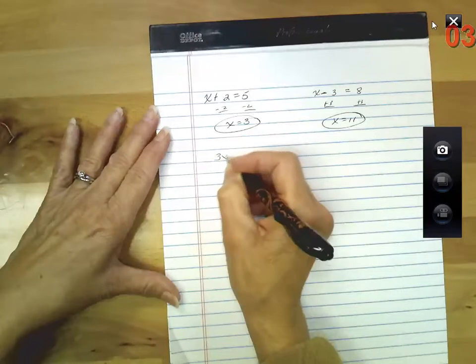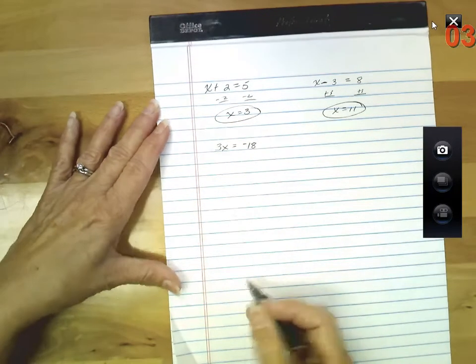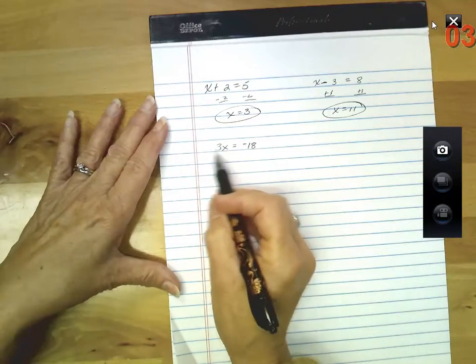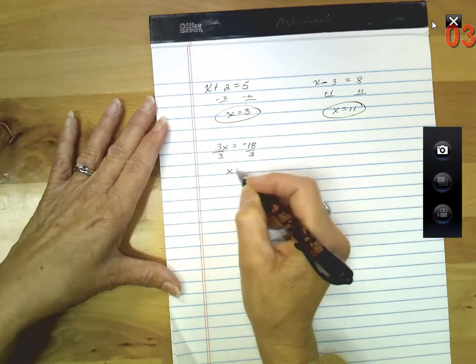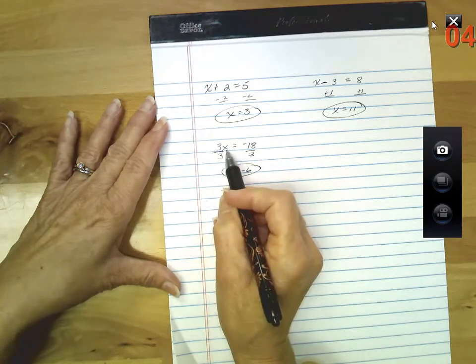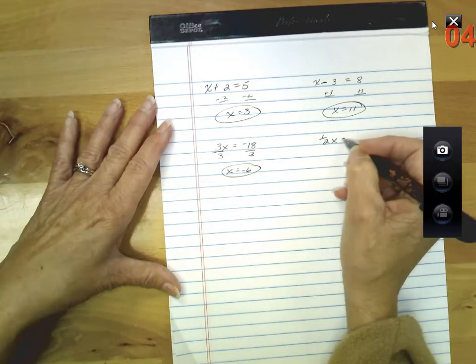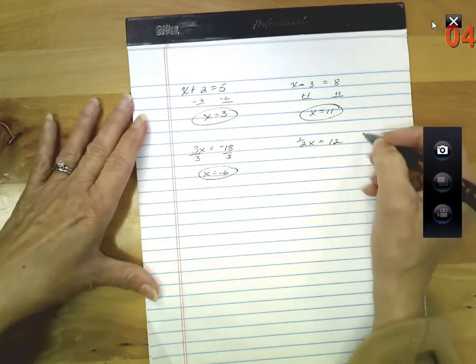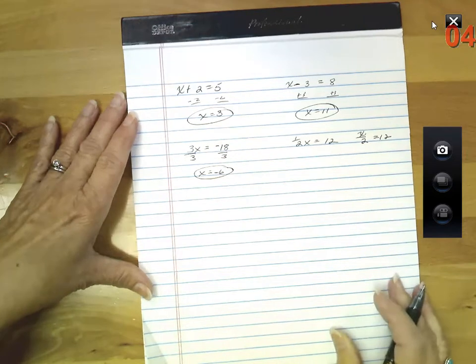We have problems like this, which is multiplying, so we do the opposite, or we divide. And then we can put that back in here. 3 times negative 6 does give you negative 18. Then we have problems that look like this, or it might look like this. It's the same thing.